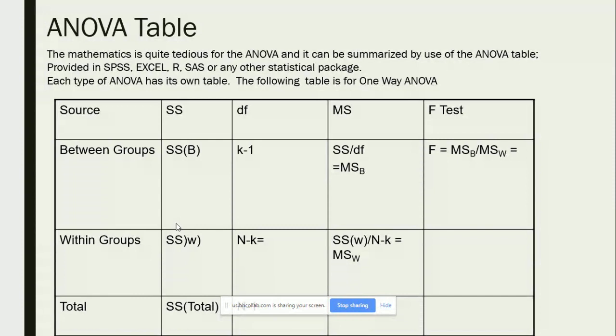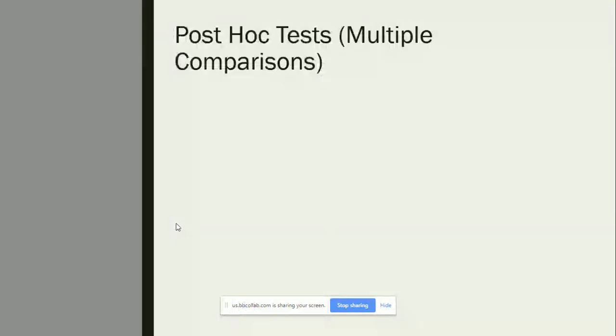This is just a general specification for the one-way ANOVA, and it shows you the between groups, within groups, the mean squares, and then the F-test is just a ratio of the mean squares, and so on. So it's another way of summarizing the data. It's kind of nice to show. But as I stated earlier, if you reject the null hypothesis and say there are differences among the means, then you have to go through the post hoc test.